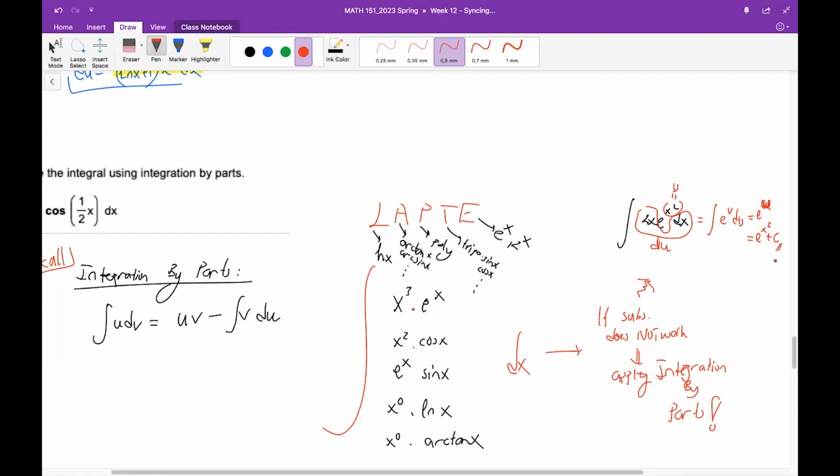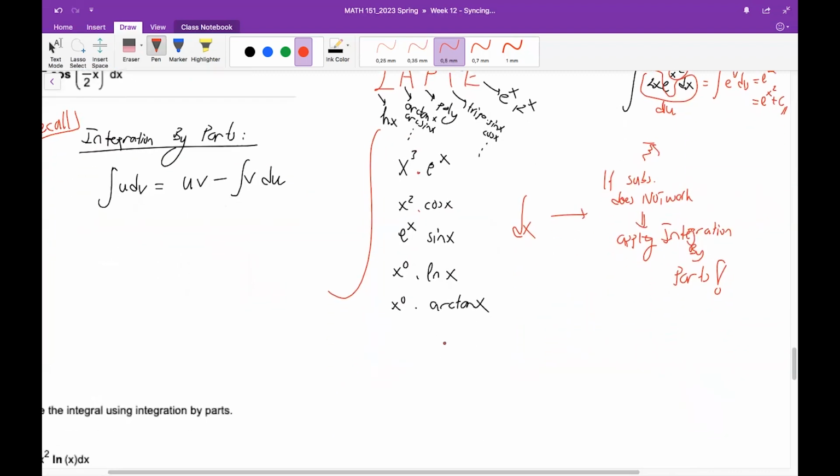So I need to add this arbitrary constant. You see, even if it is a product of a polynomial and an exponential function, substitution works. Then you don't need to apply integration by parts. But sometimes, as it is here, substitution doesn't work, and you need some new variable v. Then integration by parts will save you.